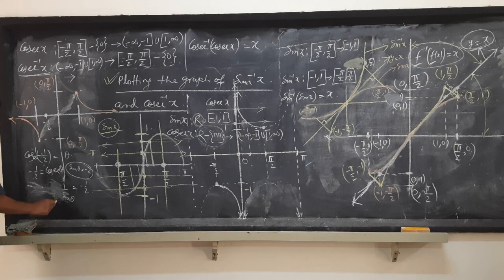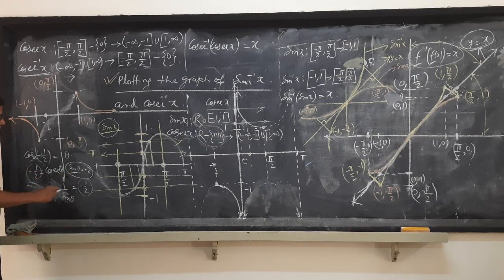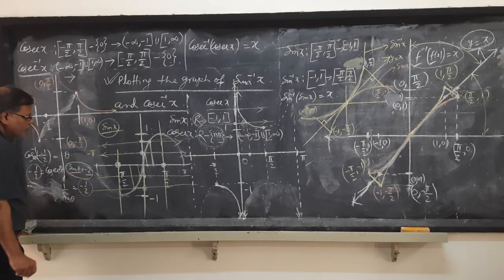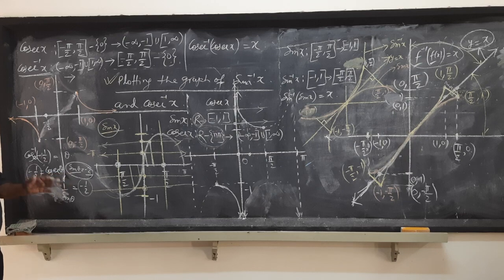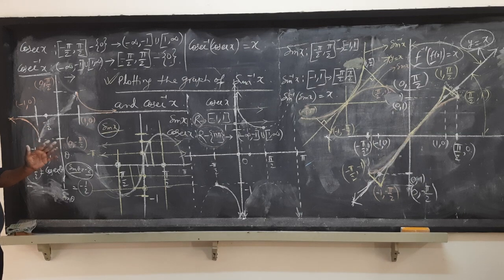Cosec theta can be written as 1 by sin theta, and minus 1 by 2 as it is. So if you invert, 1 by sin theta gives sin theta, and here we get minus 2. As we all know, the value of sin theta can never go beyond minus 1 to plus 1.